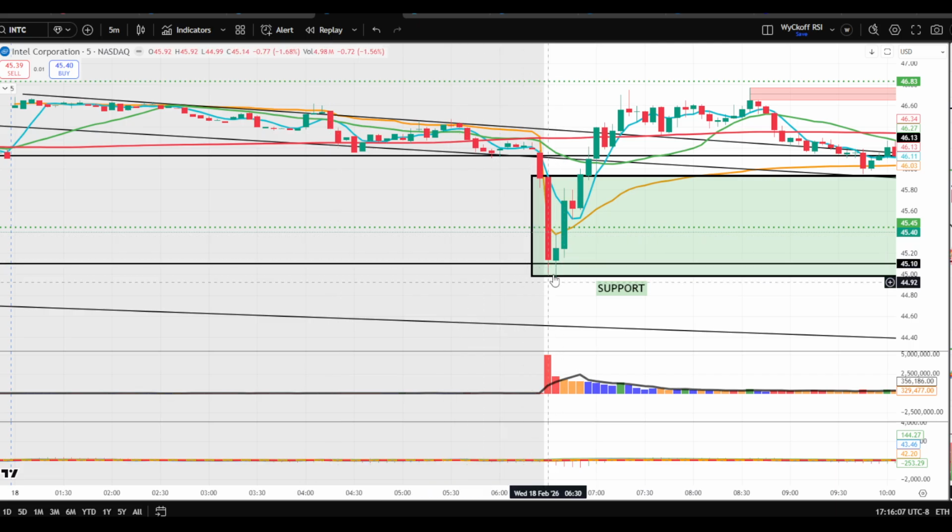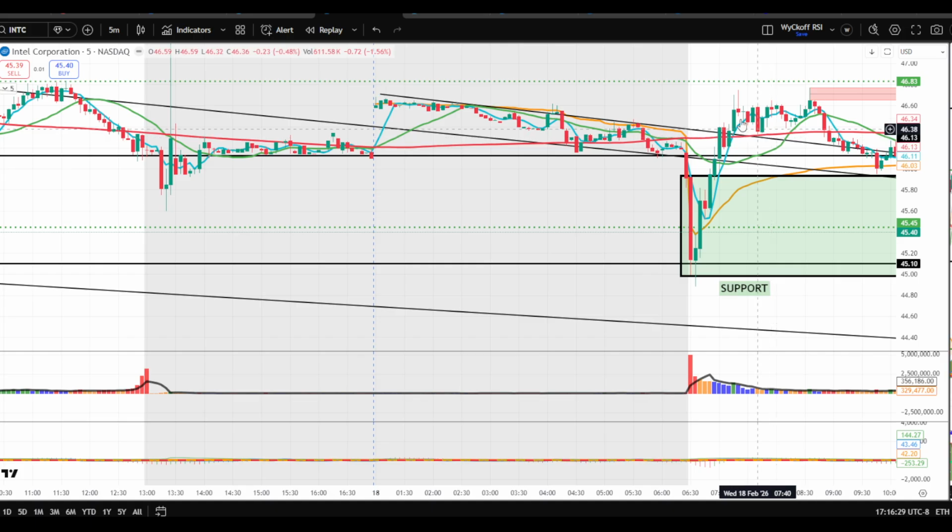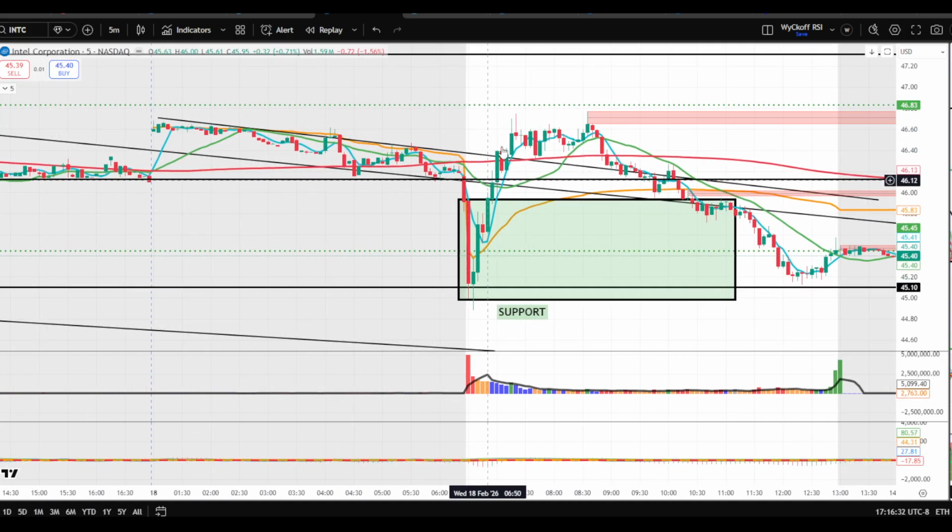And so the fact that it broke strongly back into the range above the support, had a retest, but it obviously moved back up and regained the 5 and moved to the top of this 5 minute range to retest that 200 level and that trend line at the top. It did attempt to break out.